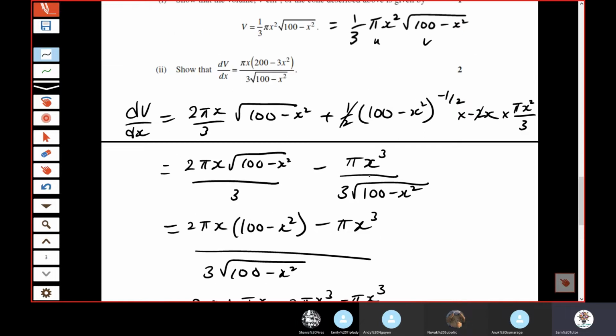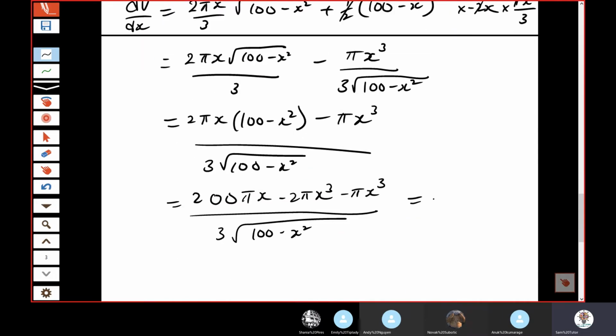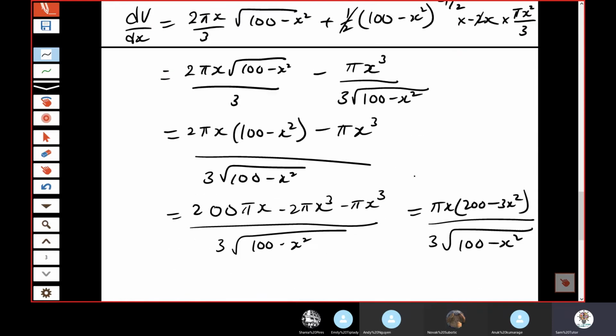Which equals, what did they do? Pi x 200 minus 3x squared on 3 square root 100 minus x squared. Done. That also wouldn't have been too bad.